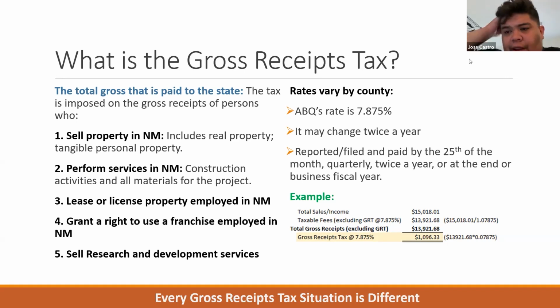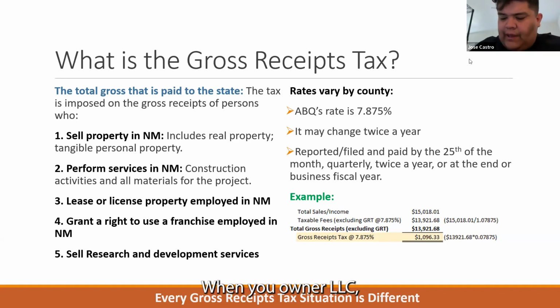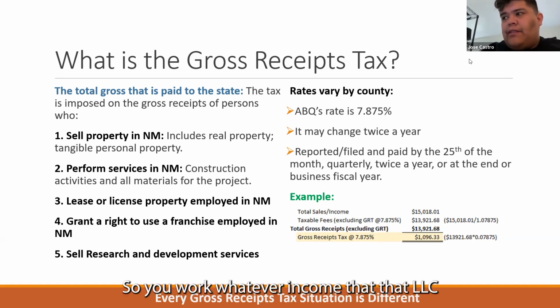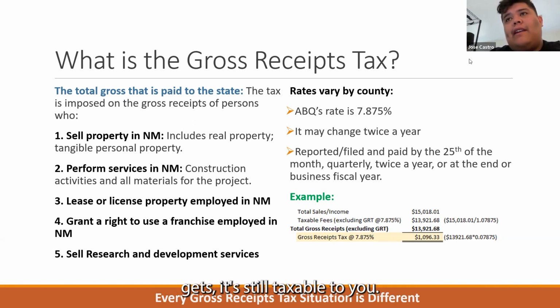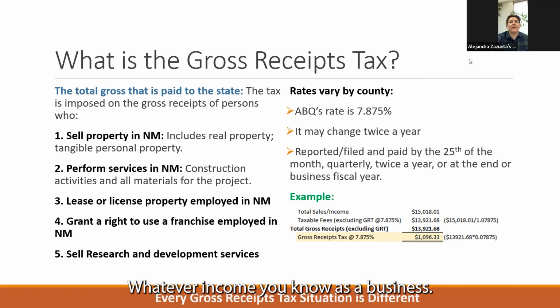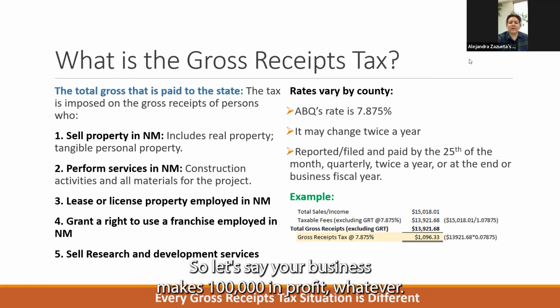Alejandra, when you own an LLC, it works as a pass-through organization, right? So whatever income that LLC gets, it's still taxable to you, correct? Okay, so let's say your business makes 100,000 in profit.